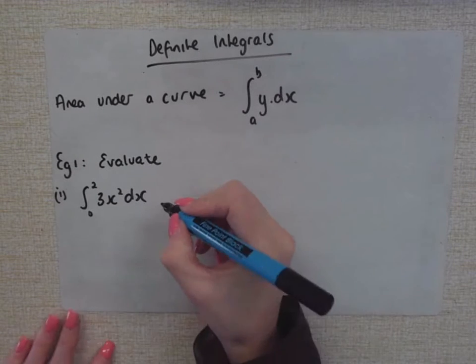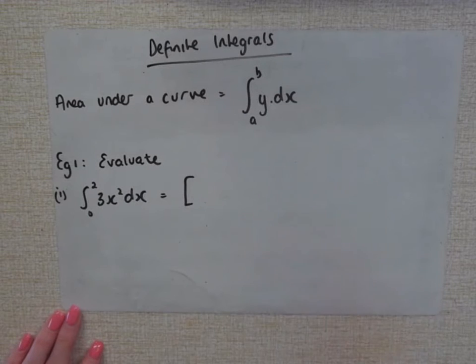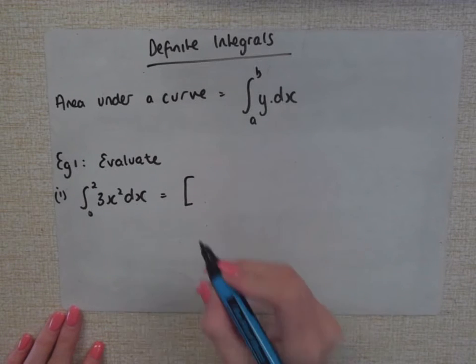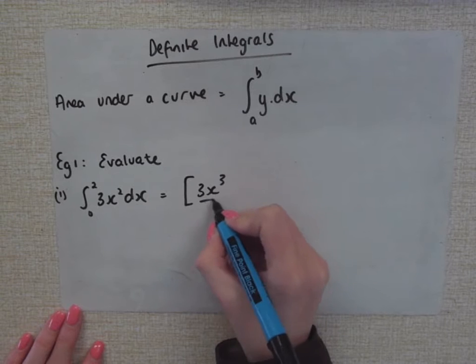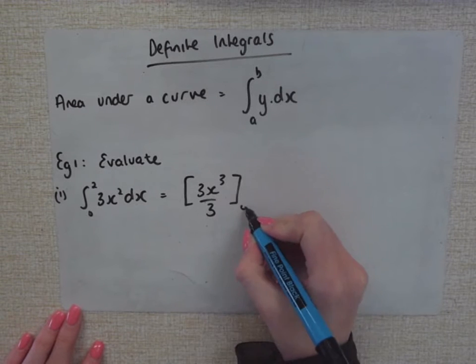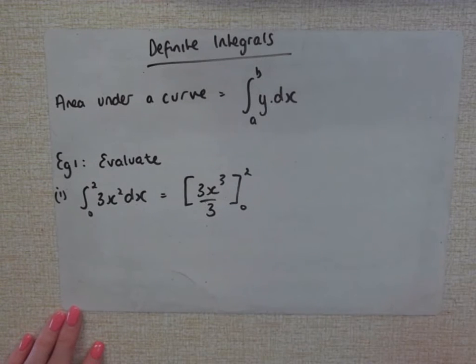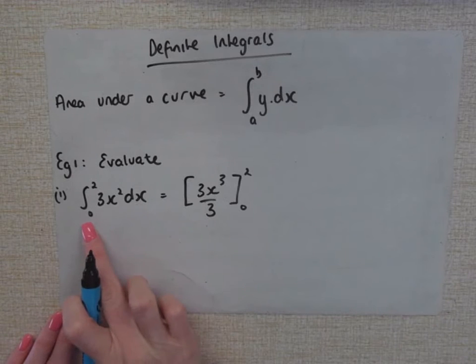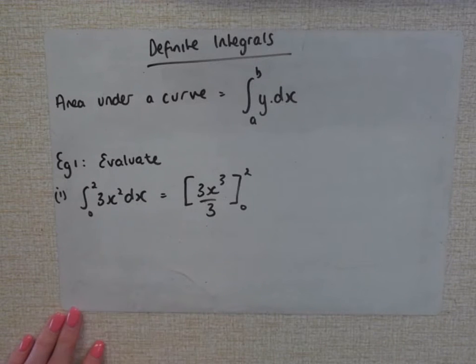So what you do is you integrate it. So integrate 3x squared: 3x cubed over 3. And you're going from 0 to 2.